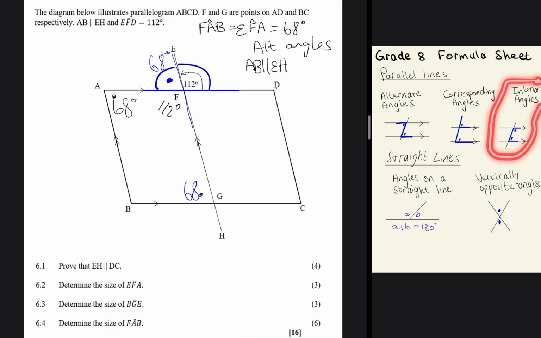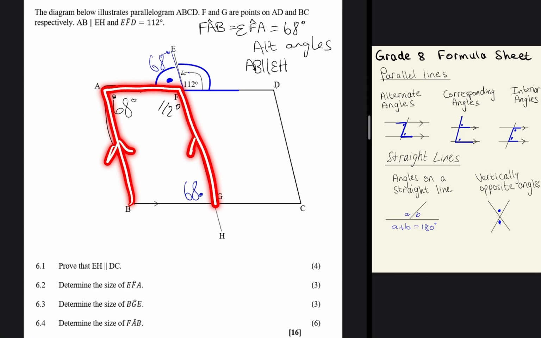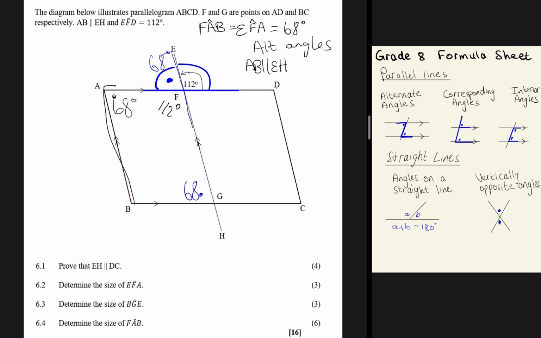We didn't do it here, but just in case you get to it, interior angles say if you have two parallel lines, for example these two parallel lines over there, the two interior angles must add up to 180. And yes, indeed, because if you look at 68 plus 112, it equals 180. That's just more tips and tricks in case you need it.